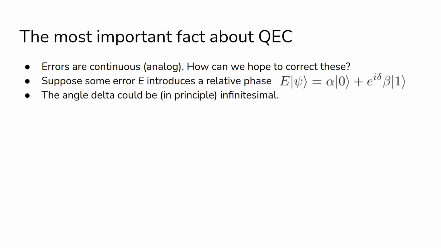Let's formalize this a little bit. Let's say we have some error E that introduces a relative phase. We have the state alpha 0 plus beta 1. That was perfect, and some error happened where now the phase of the 1 state is e to the i delta. So this could be infinitesimally small.